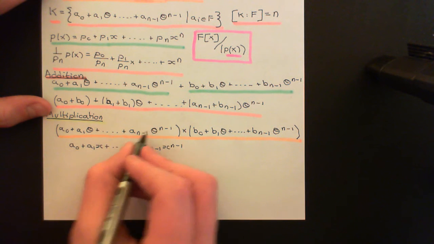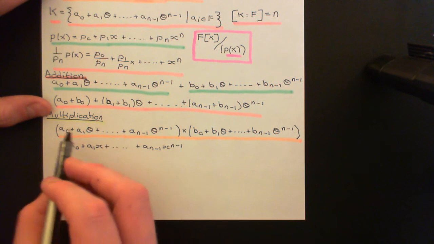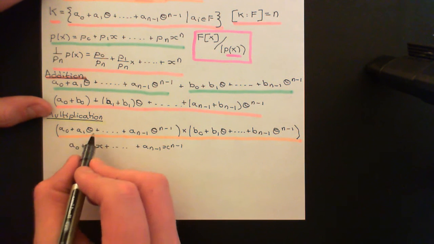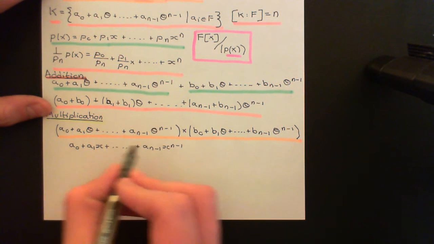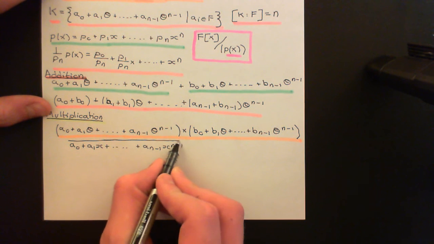So the answer to this, and this of course is a linear combination that makes sense in the field extension capital K, so the additions and multiplications here are in the field extension capital K, but the actual element of capital K that this is, is just the coset that contains this polynomial.